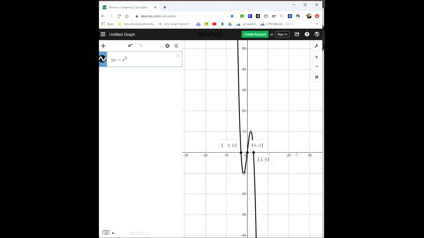We have 3 x-intercepts. But the interval where the y value is less than 0 is only from -3 to 0 and from 3 to infinity.